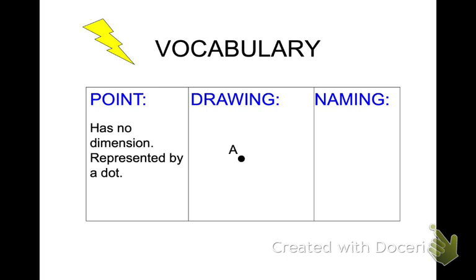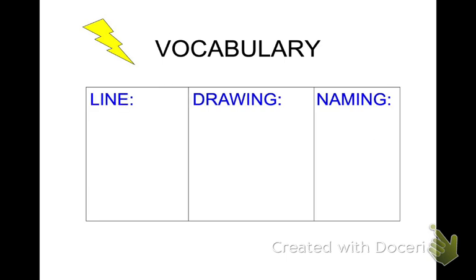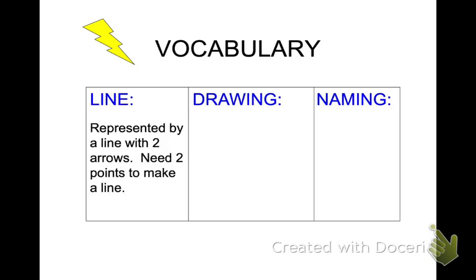Next up, let's get to a line. A line, again, not really a full definition, just so you know what a line is. So a line is represented by a line with two arrows. So if we were making an image of a line, it would be represented by a line with two arrows.